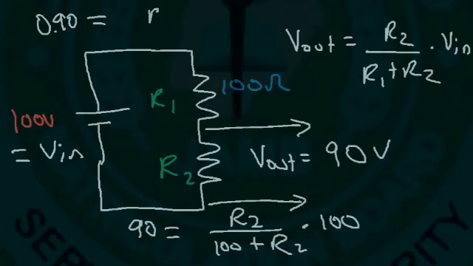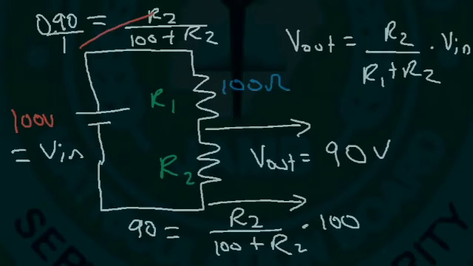And so R2 divided by 100 plus R2 is 0.9. So we can put 0.9 over 1 and cross multiply. So 1 times R2 is R2, and 0.9 times 100 plus R2 is going to be 90 plus 0.9 R2.